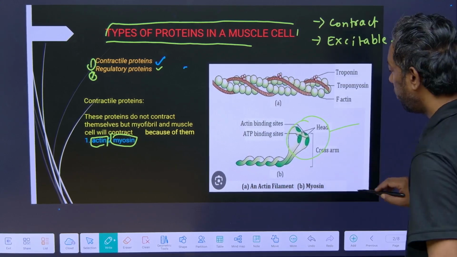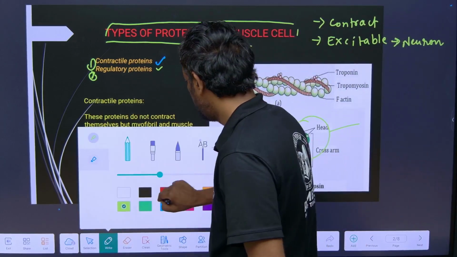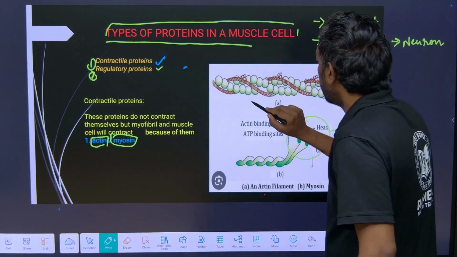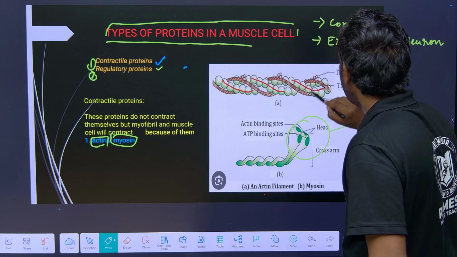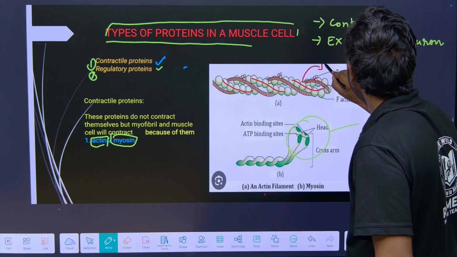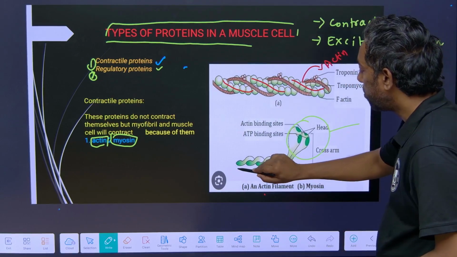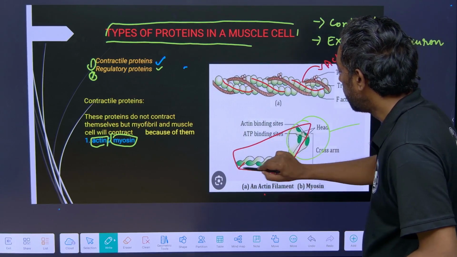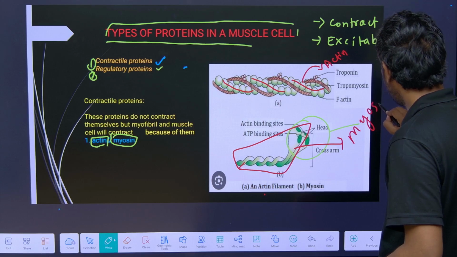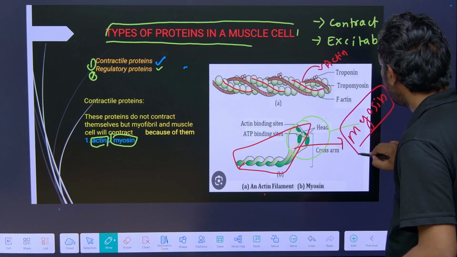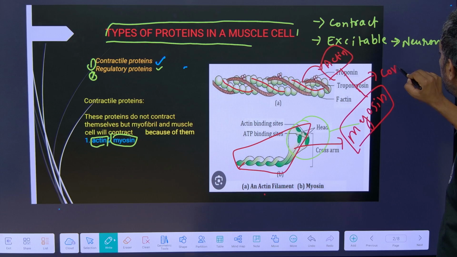This polymer chain, this globular polymer chain protein, is the actin. Actin and myosin are the contractile proteins.